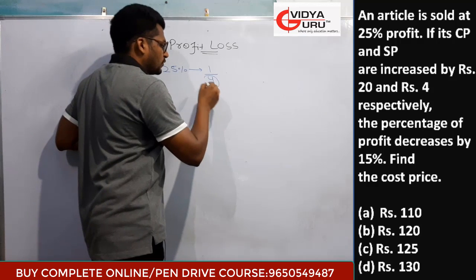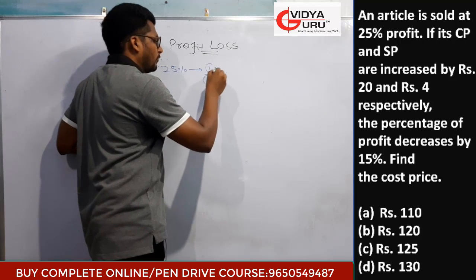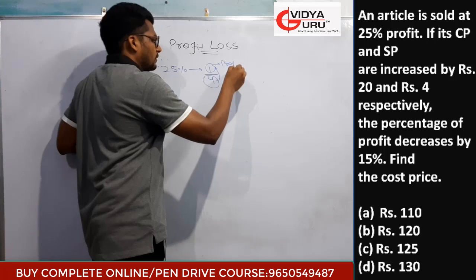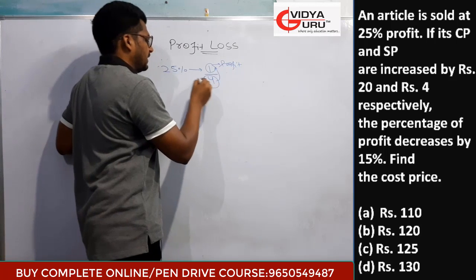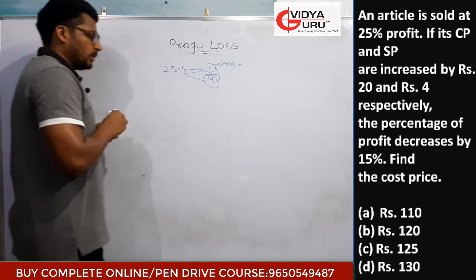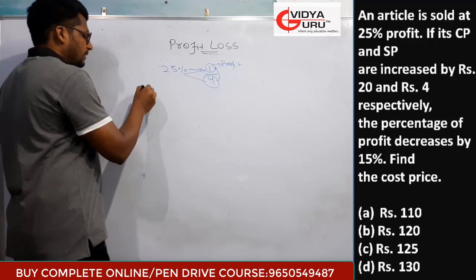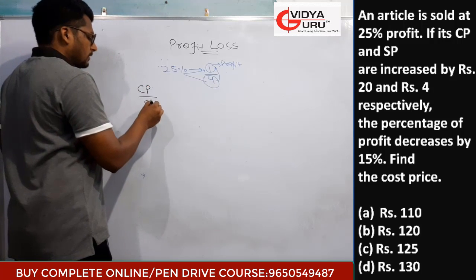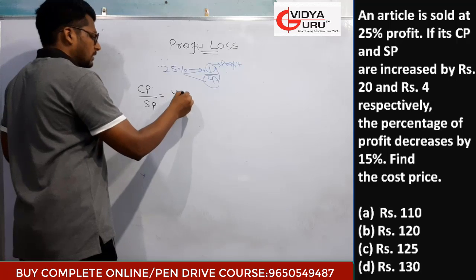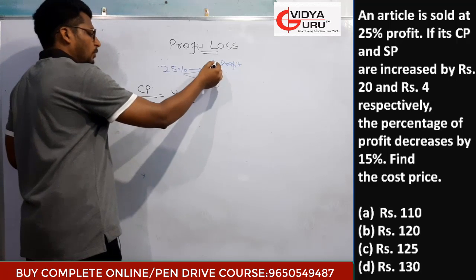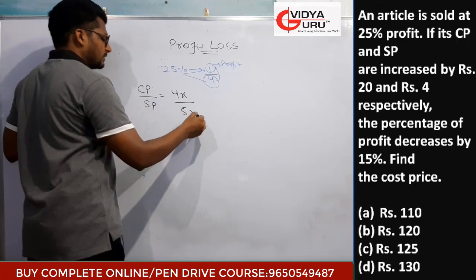That means CP was 4 and the profit is 1, because with 4 as the minimum value, 25% is 1. Then what is the ratio of CP upon SP? 4x upon SP will be 4 plus 1, 5x.